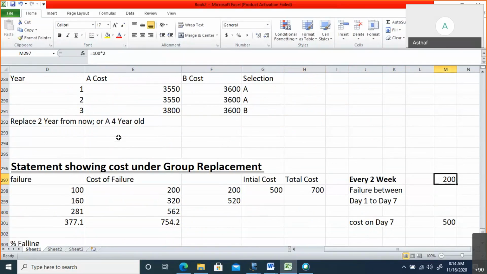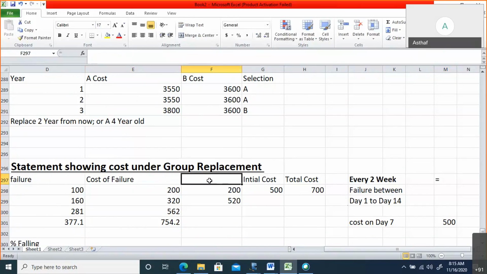Your answer will be the failure between day 1 to day 14. This is up to day 7, and this is 7 to 14, so both we have to add.